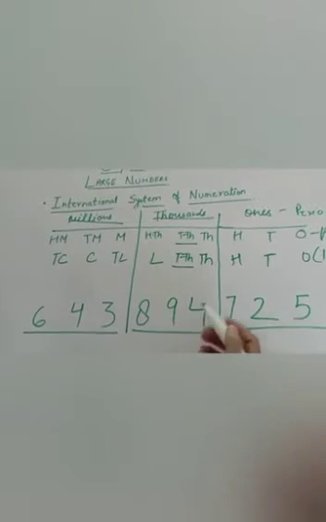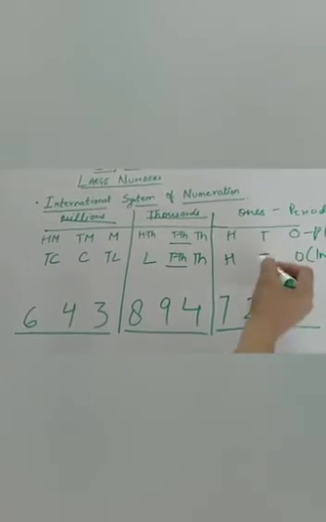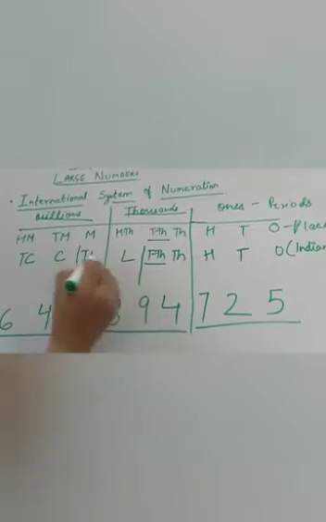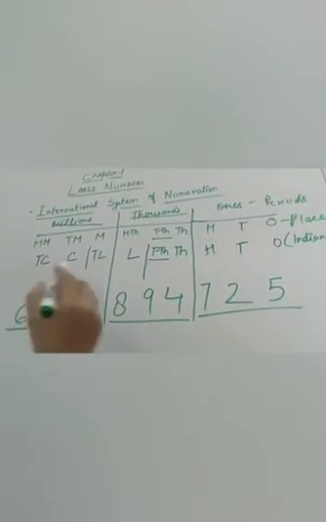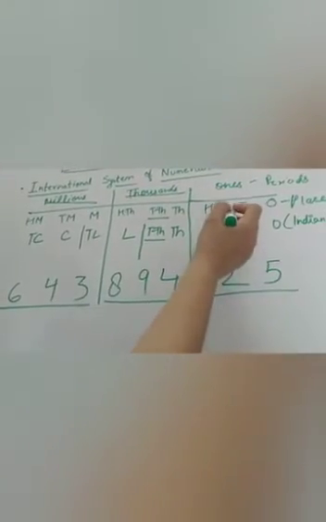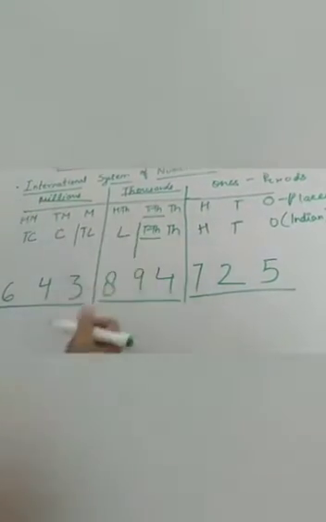Now if you look at the Indian number, this is the ones group, which is ones, tens, hundreds, and after that this is another group, which is thousands and ten thousands, then lakh, ten lakh, crore, ten crore. We don't have the hundreds place in all the groups, but we have the hundreds place in all the groups in the international system.